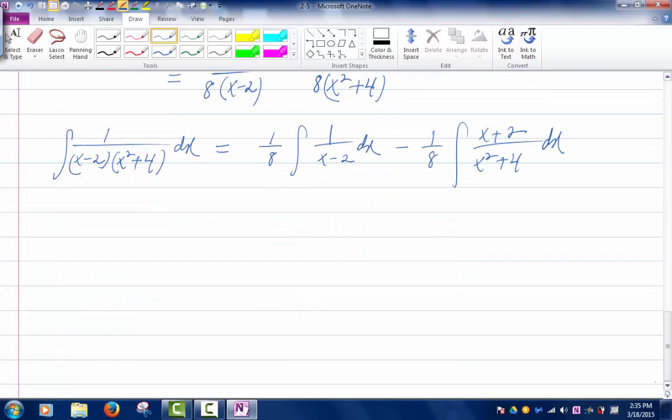Okay, and finally I get 1/8 times ln of absolute x minus 2.